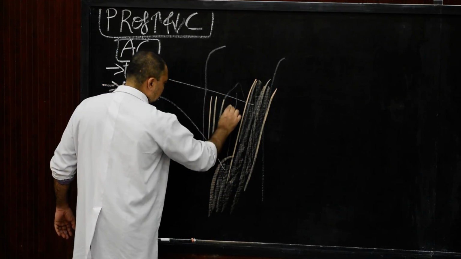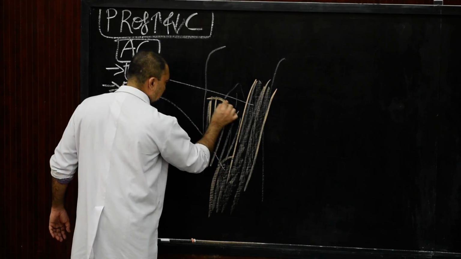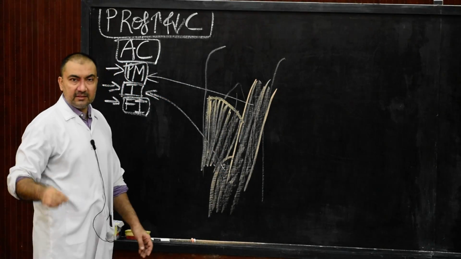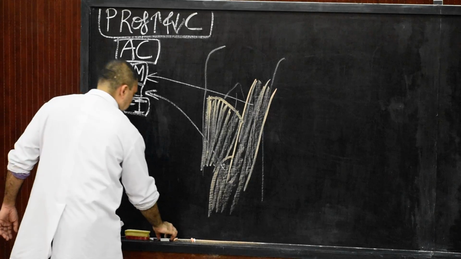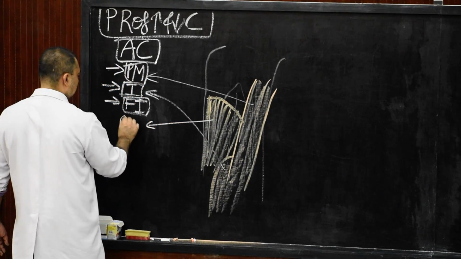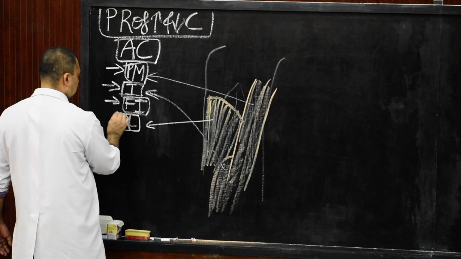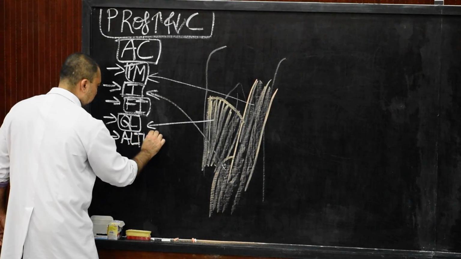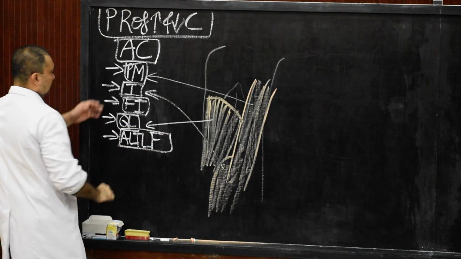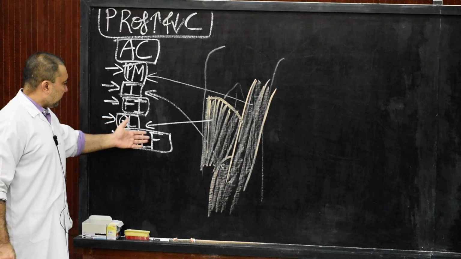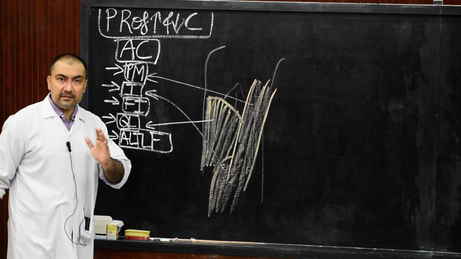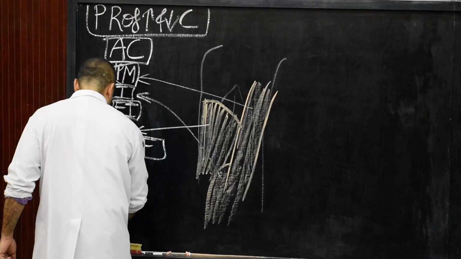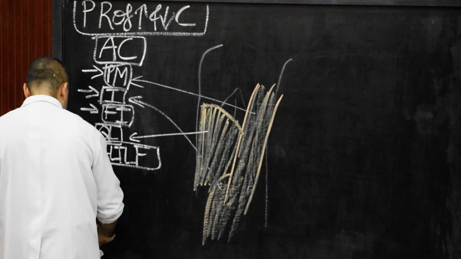So if we draw here the quadratus lumborum muscle and fascia covering quadratus lumborum muscle, that is anterior layer of thoracolumbar fascia. So structure number 4 and 5, quadratus lumborum muscle and anterior layer of thoracolumbar fascia. Now iliolumbar ligament. Here we have to understand one small ligament, right iliolumbar ligament.